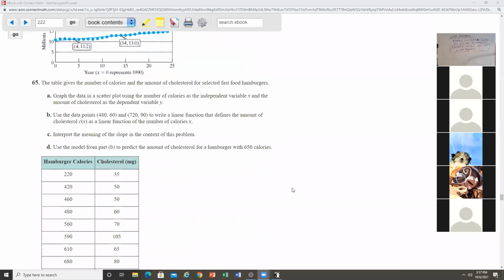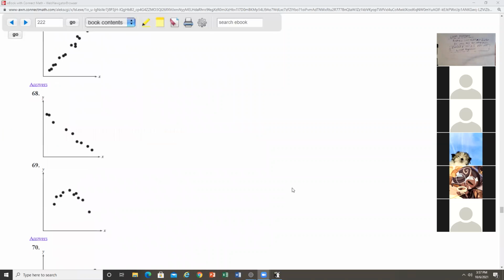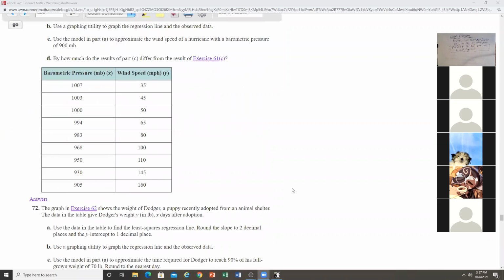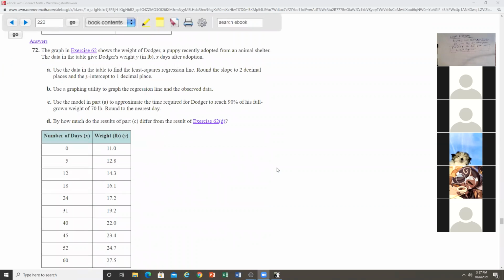We're going to try to do, ladies and gentlemen, number 72 here. Now in this problem here, it says use the data in the table to find the least squares regression line. What does this table even pertain to?